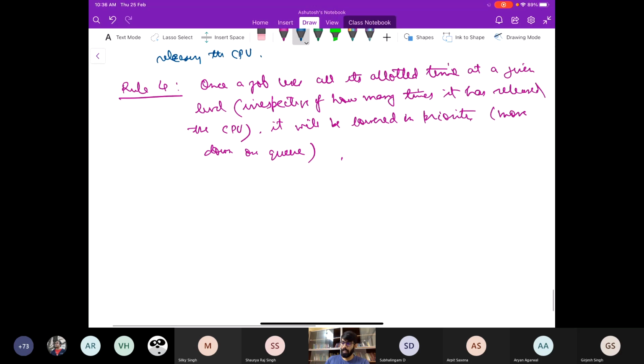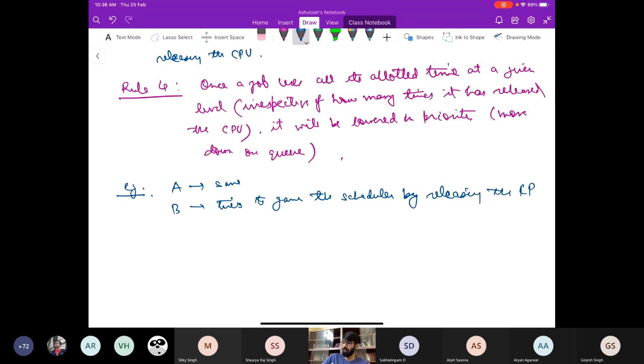Okay, so let's see this with an example. Suppose again A was the same. And now some B came which was trying to game the system by releasing the CPU right before the time slice finishes.